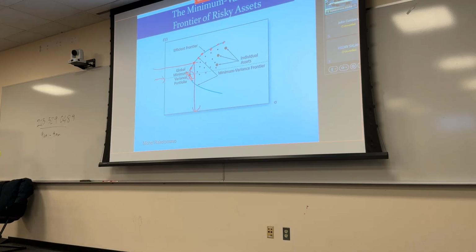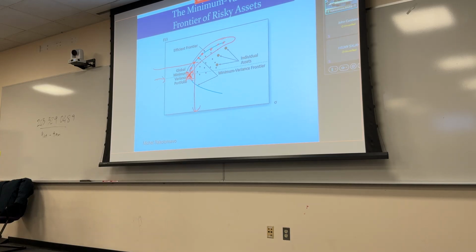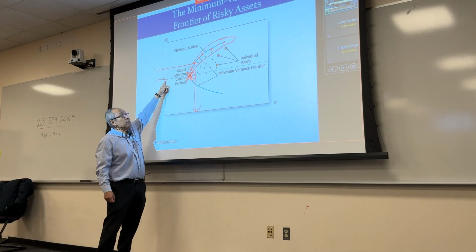So if you want a picture of all of the best portfolios, it's this. I was going to say circle, it doesn't really look like a circle, but that's basically a picture of all of the best portfolios. And the minimum return is this level of return.